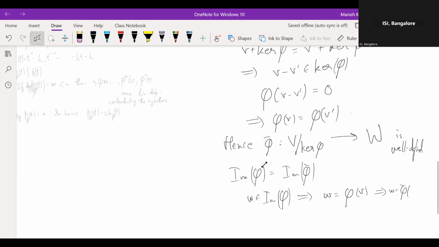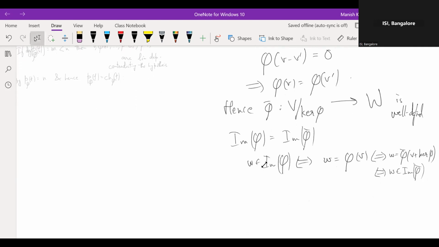V plus kernel phi. So that tells you that w belongs to the image of phi bar, and it's reversible. If w belongs to the image of phi bar, then w is phi bar of V plus kernel phi for some V, which implies w is phi V, which implies w is in the image of phi. So they have the same images.